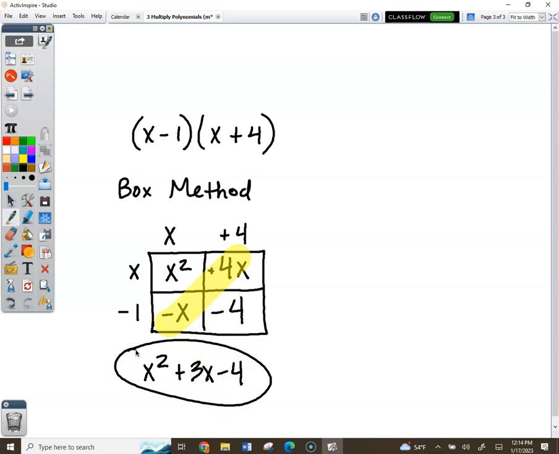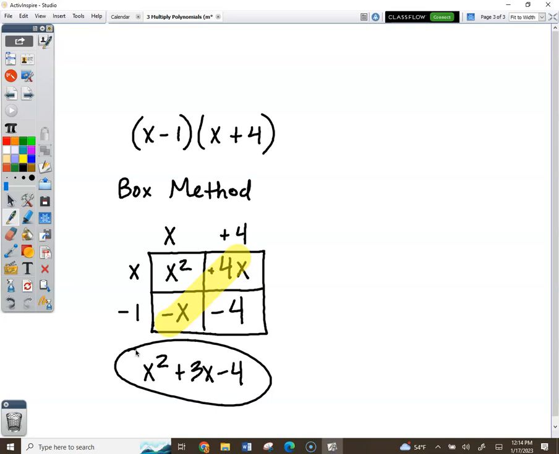Now let me explain why the box method, when it's necessary. If you struggle with showing your work, use the box method, because if the box is empty, it means your work is missing there, and it would force you to fill it in, right? If you struggle with organizing your work, use the box method until you get good at this, okay?